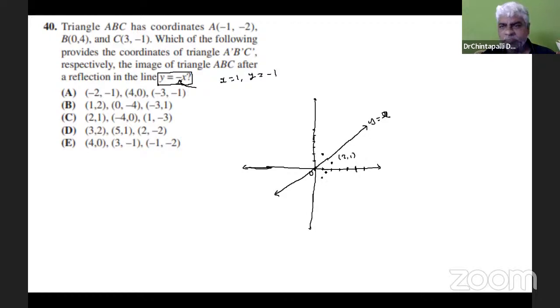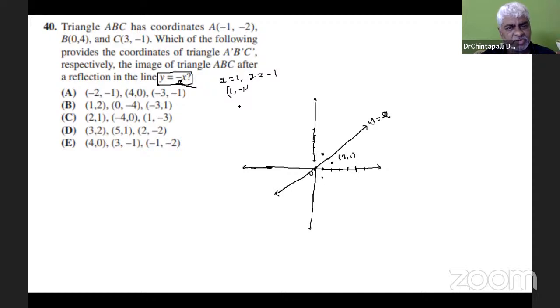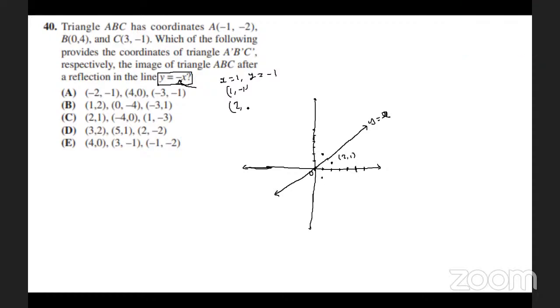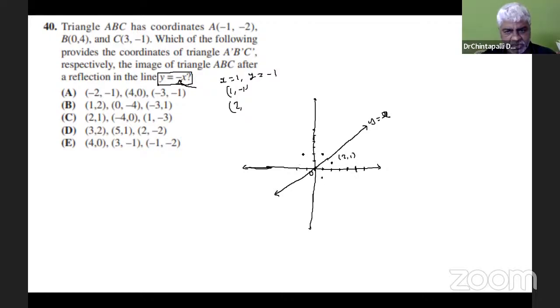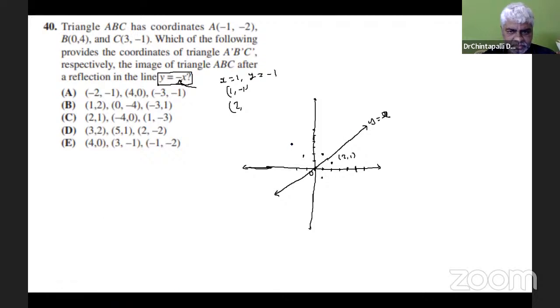Can you give another example? If x is equal to -2, then y is equal to 2. So this is that line.